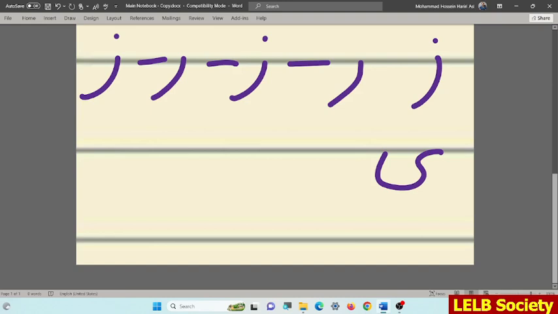So far, let me just write this word again. Ba, zi, bazi. Bazi means game, playing, and children love this activity, which is good for their mental and physical growth.